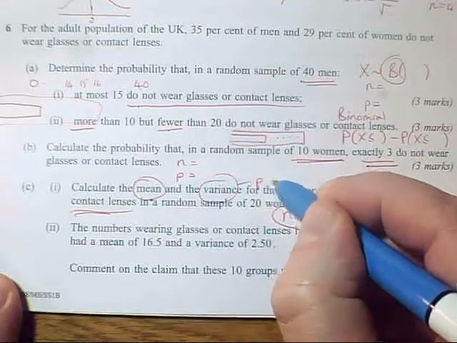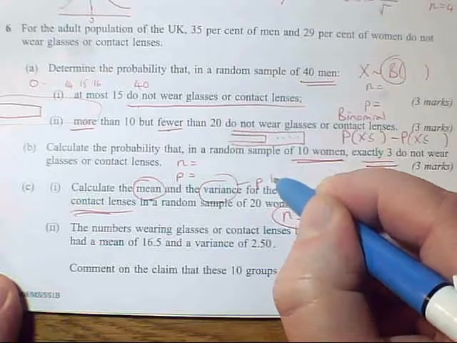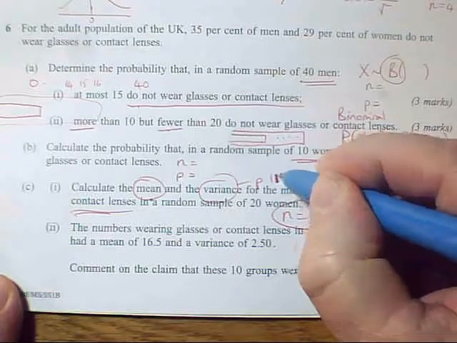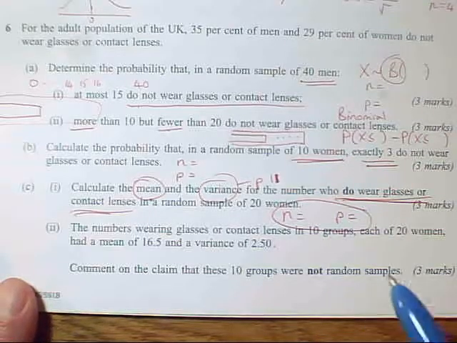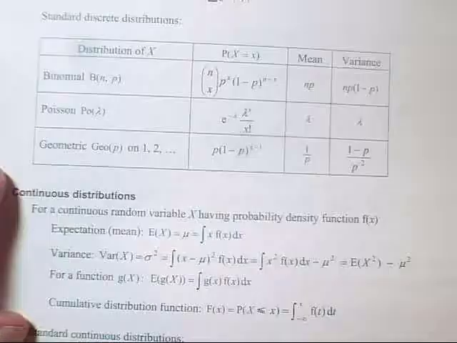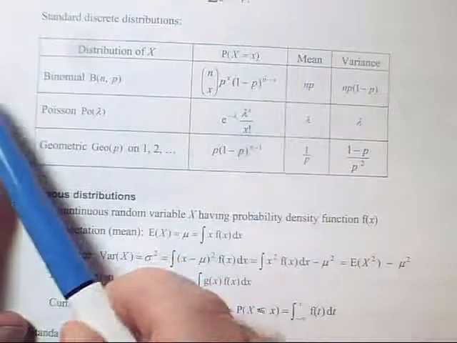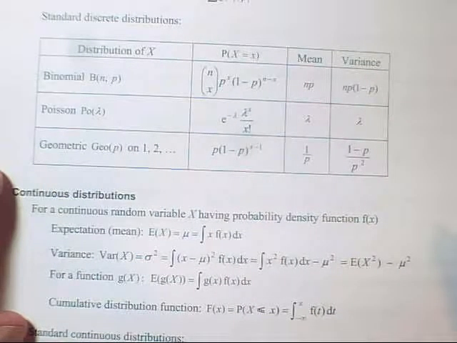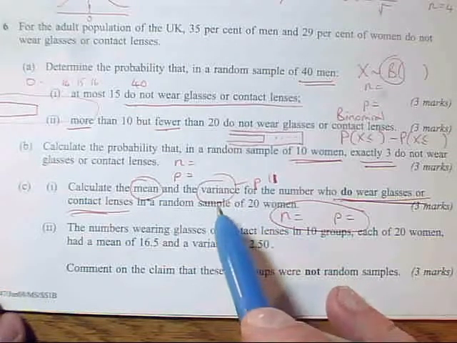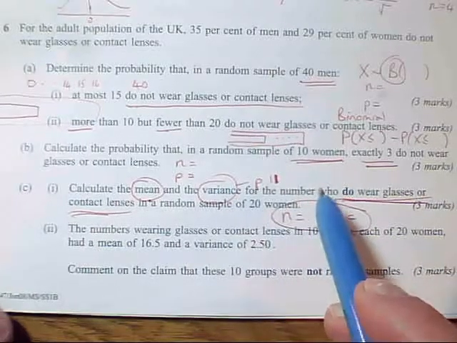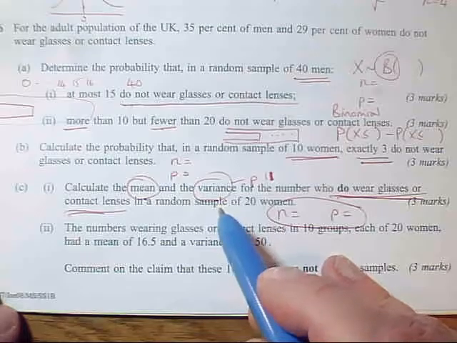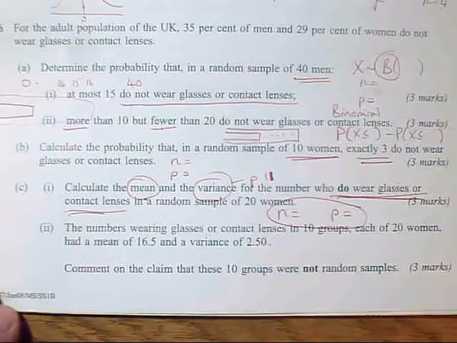These formulas are on page 11 of your formula book. This is the table you need from page 11 of the formula book. And as always, when working out a variance or a standard deviation, double check that any squaring or square rooting that you should do, you do, and if you shouldn't do it, make sure you don't.